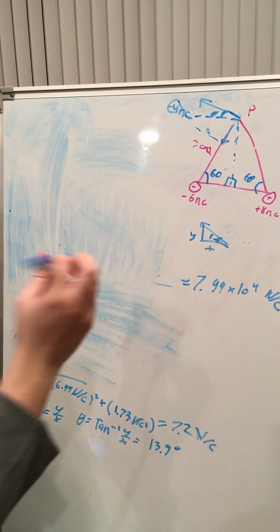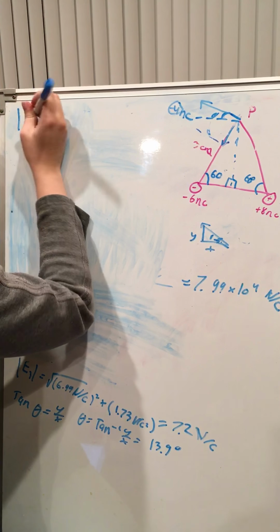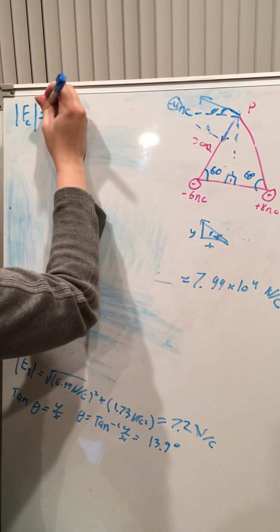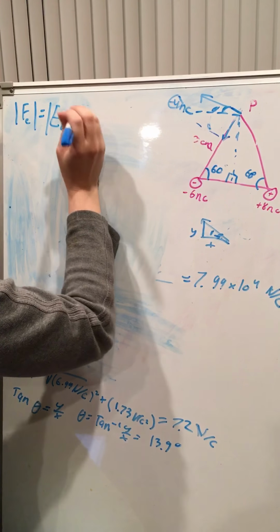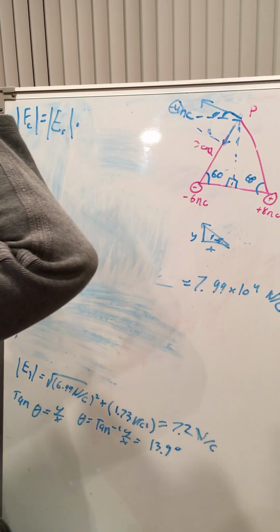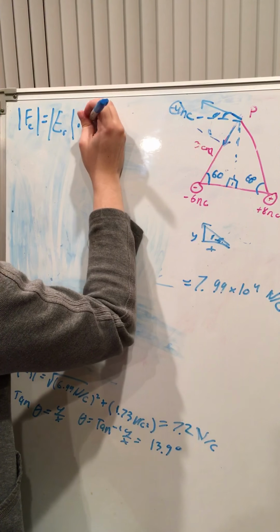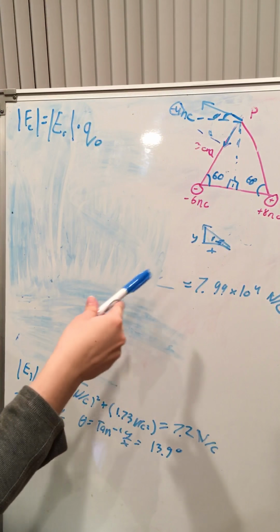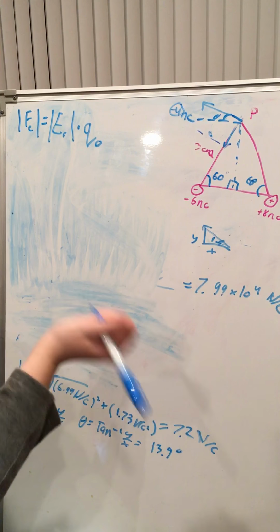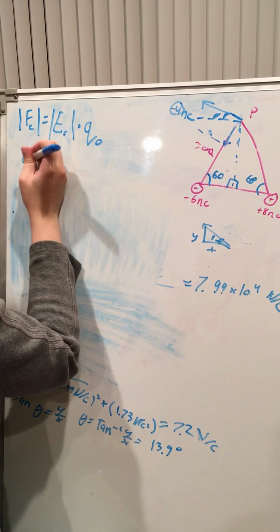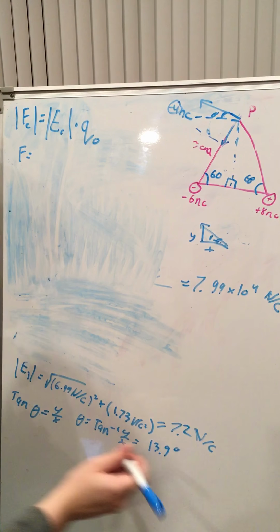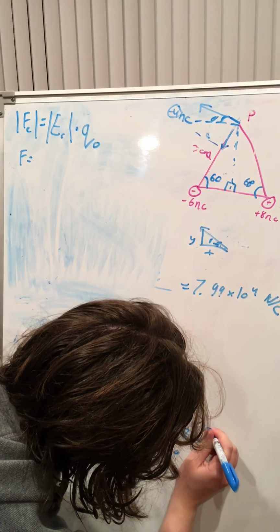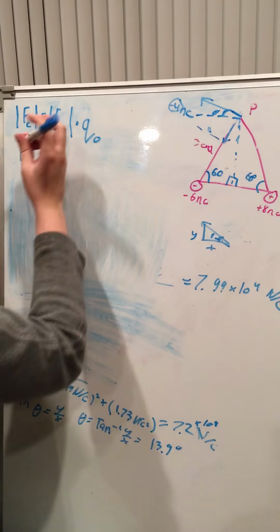Now, we know that the magnitude of an electric force equals the magnitude of the electric field times the test charge. So we know that the electric force equals, oops, this is supposed to have the times 10 to the 4. I just forgot to write that.